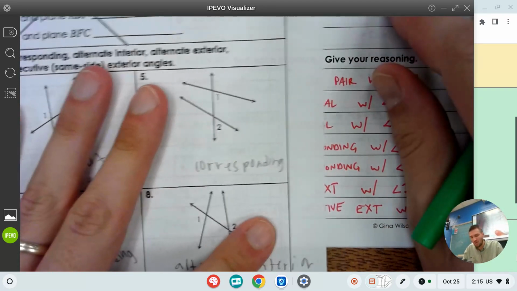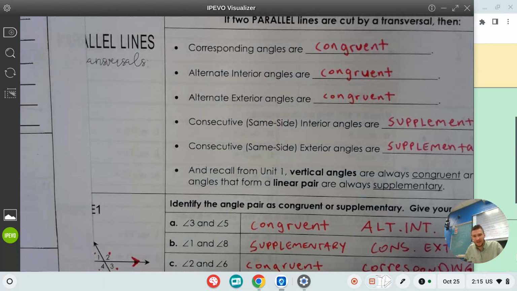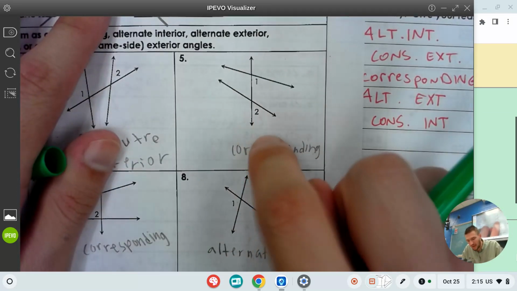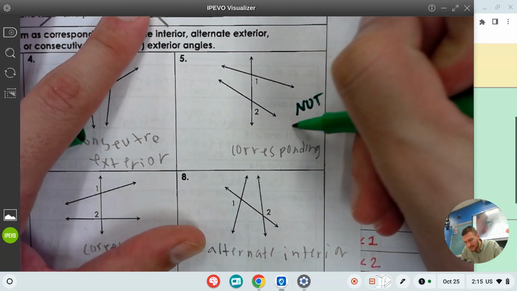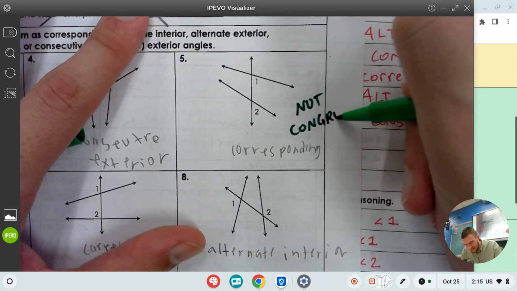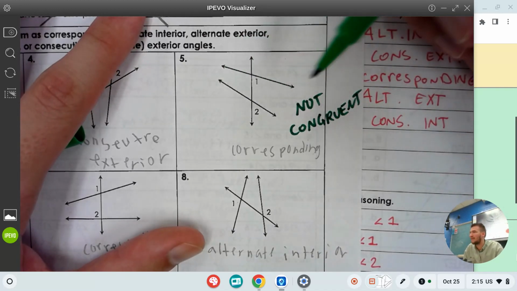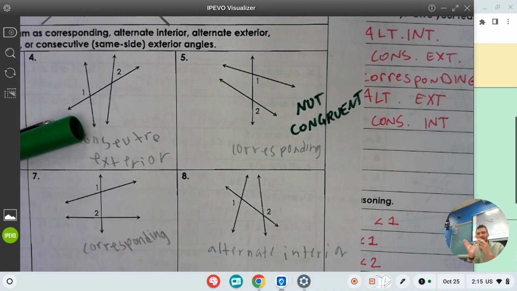And even though our notes say corresponding are congruent, these two angles are not congruent, okay? And the reason is they're not parallel. You have to have those parallel lines. Otherwise, all of this is bust. All of this doesn't work at all.